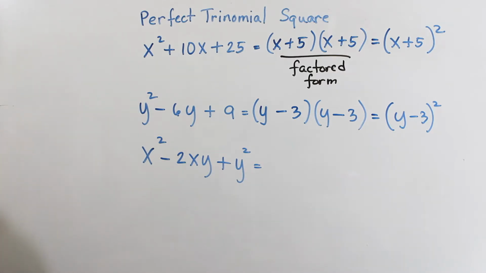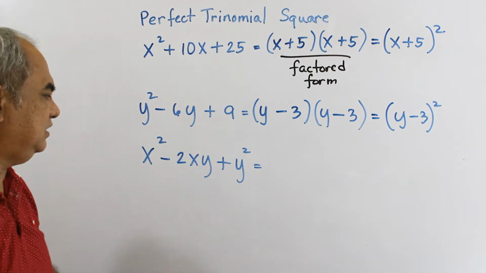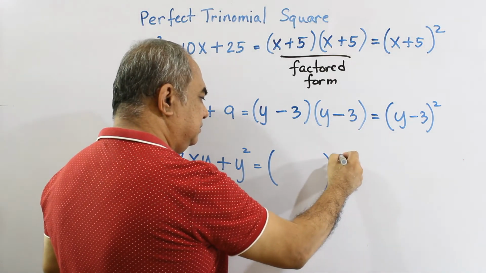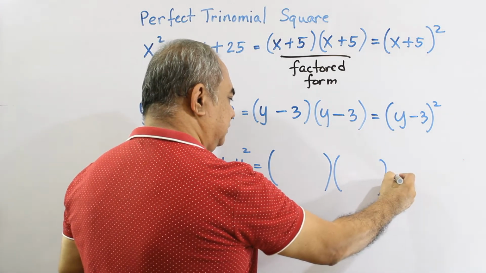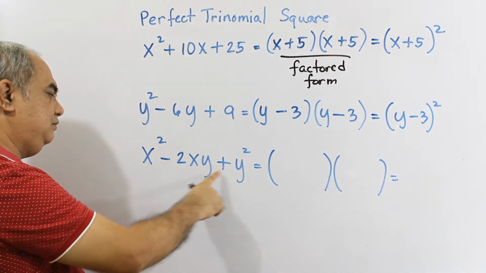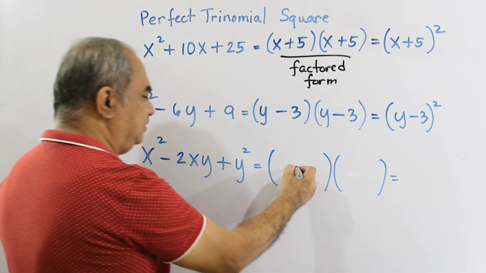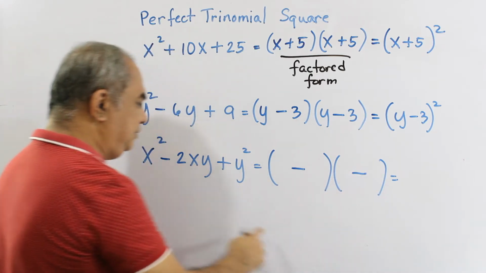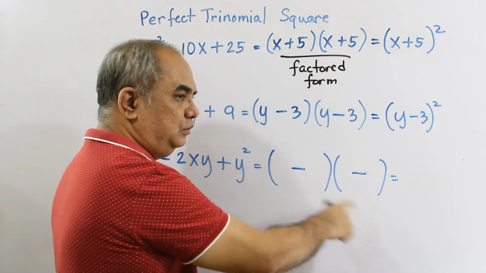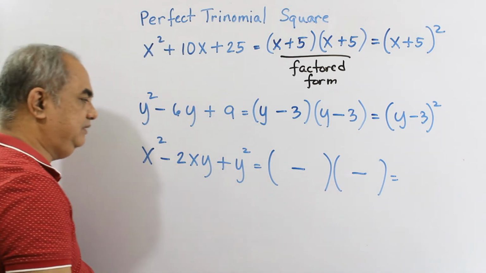Let's take a look at this one. So we put two parentheses here. This is not our final answer. Since this is positive, we just copy the sign here, so it must be both negative. Remember, when this is positive, the sign of the two quantities should always be the same.